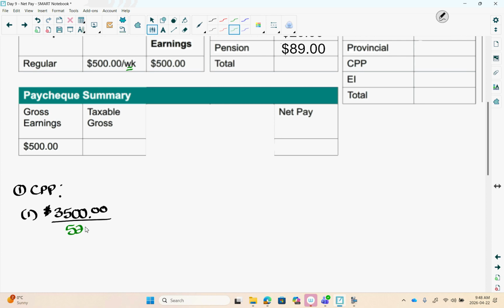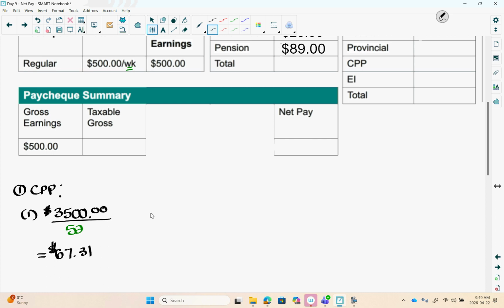If they got paid bi-weekly, you divide by 26. If semi-monthly, you would divide by 24. And if monthly, you would divide by 12. Anyone remember what 3,500 divided by 52 was? $67.31.